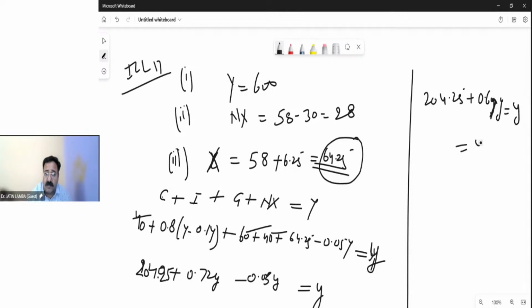Now Y minus 0.67Y equals 204.25. Here 0.33Y is the same, no change, but here the value is changed. So the equilibrium level of income gets changed.